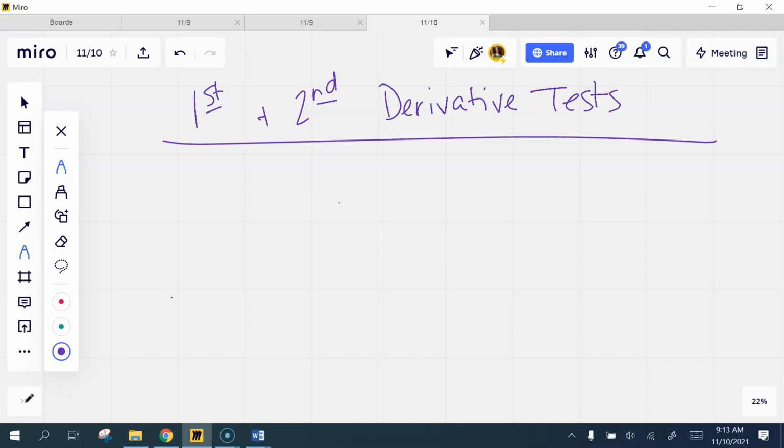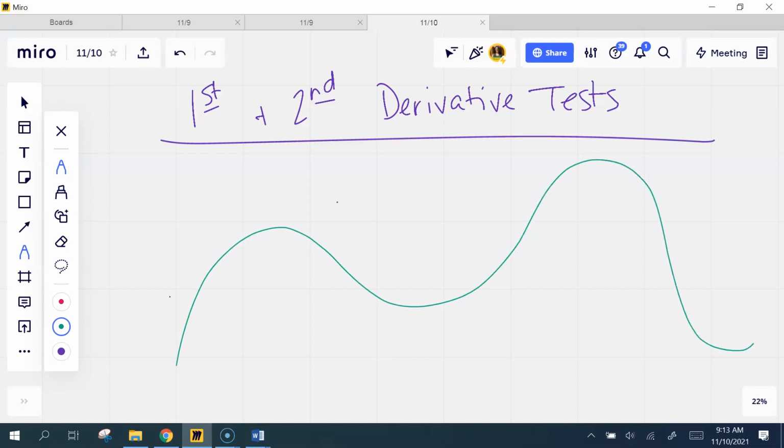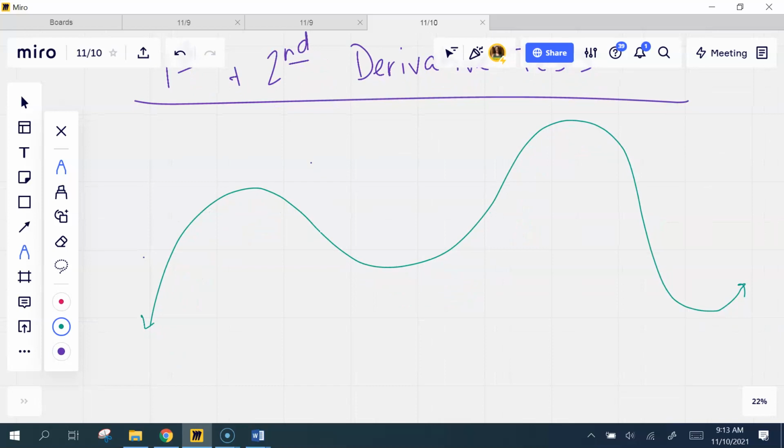I want you to think about something with me for just a minute. I'm going to draw a graph on here. Tell me what you know. If this is f of x, so this is my function, tell me what you know about the derivative at certain places here.